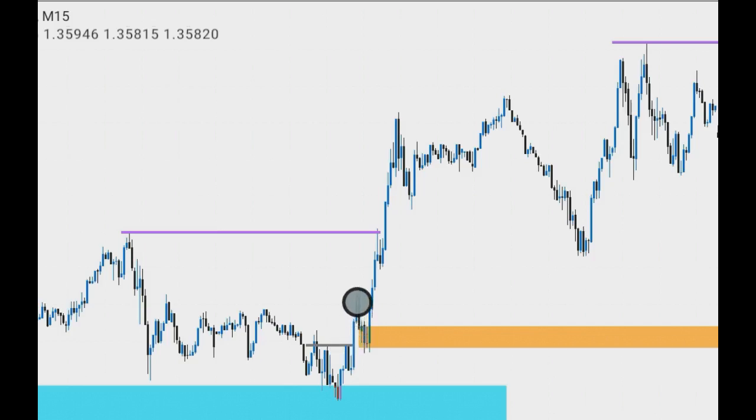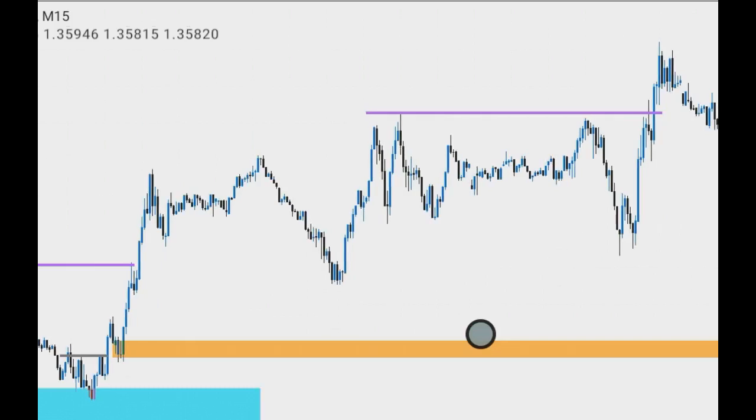So price broke the structure to the upside and came down and broke this structure again the second time. I found this M15 OB here, so I mark it out. All right? Once you have done that, you place your pending order. This M15 OB range is 7 pips.